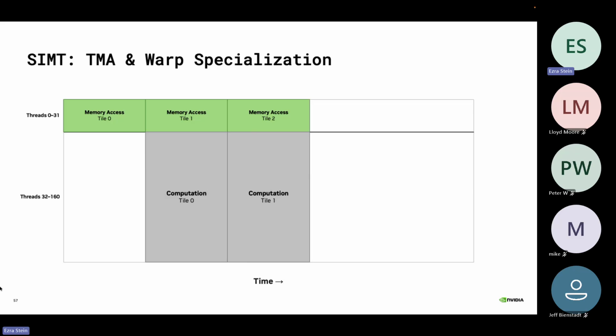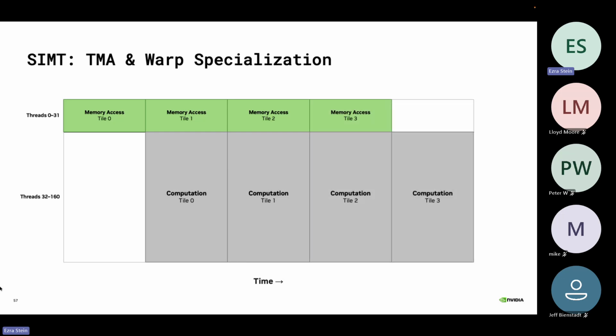So once caching of tile 1 finishes, we can begin computation of tile 1 and caching of tile 2. And so we can keep overlapping this until we get to the end result. Now, this, of course, complicates things substantially because now we have some result that some threads are producing that is now needed by other threads, which need to consume the result.